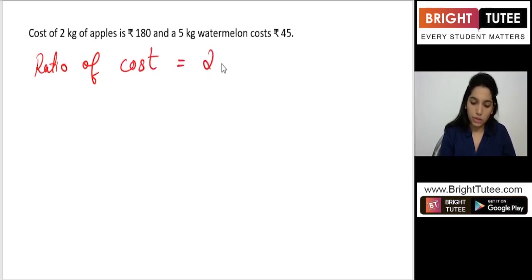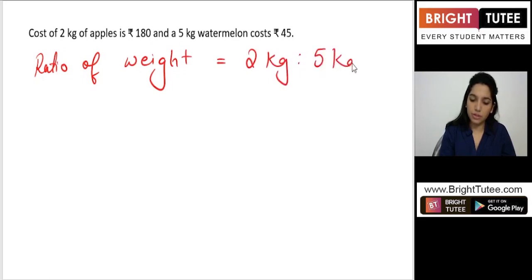First of all we need to find the ratio of the weight. It is 2 kgs and the other one is 5 kgs. Now 2 is to 5 is already in the simplest form, so we cannot simplify it further.